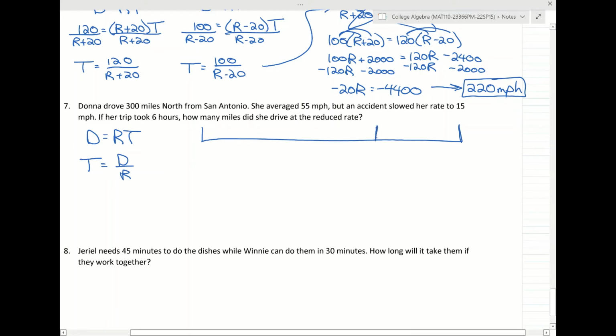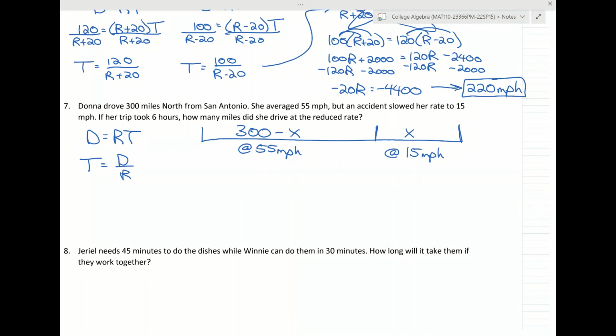So for so long, we'll call it x miles, she drove at 15 miles per hour. And then for the other bulk of her trip, she traveled at 55 miles per hour. The whole trip is 300 miles. Part of that she traveled at 15, which means 300 minus x she averaged at that other 55 miles per hour.